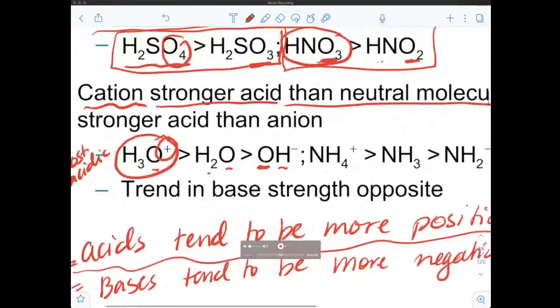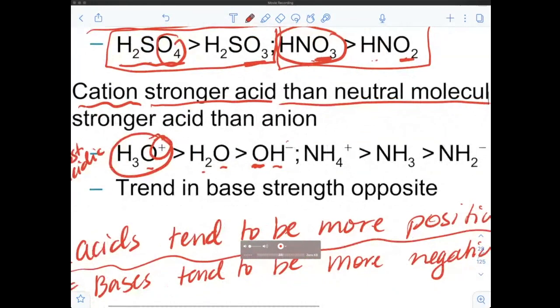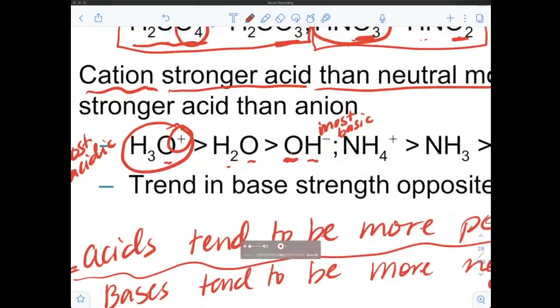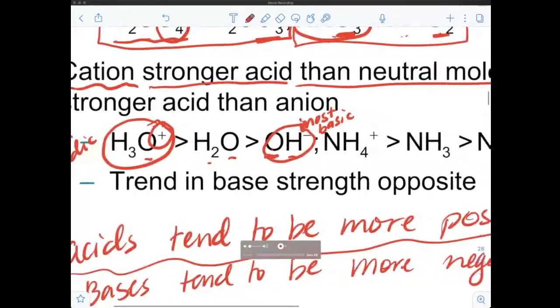If they were asking about basic, this one would be most basic. When I was a student, I thought, of course H3O is acidic. H3O is the very definition of an acid. And OH minus, of course, that's basic. OH minus is the very representation of anything basic. That should make sense.